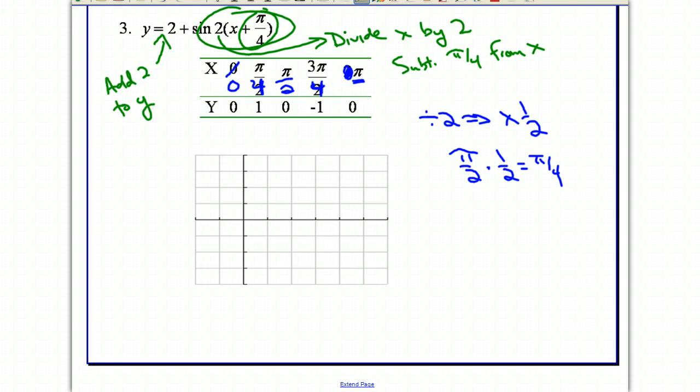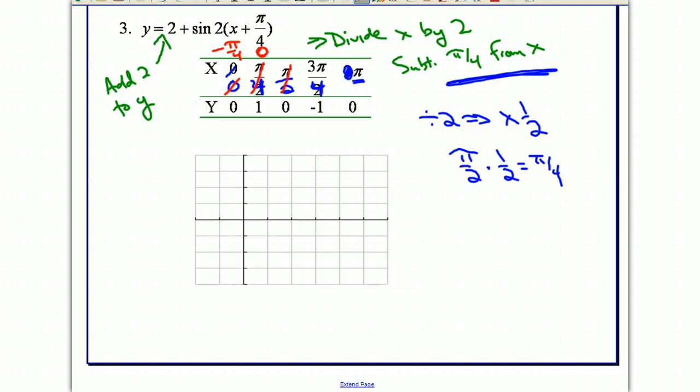All right, next. Let's take care of this pi fourths. From every x coordinate, I'm going to subtract pi fourths. Check your fractions on this a little bit. So I start with 0. 0 minus pi fourths is negative pi fourths. It's going to shift the whole graph left pi fourths. Here, pi fourths minus pi fourths, that's my new 0.